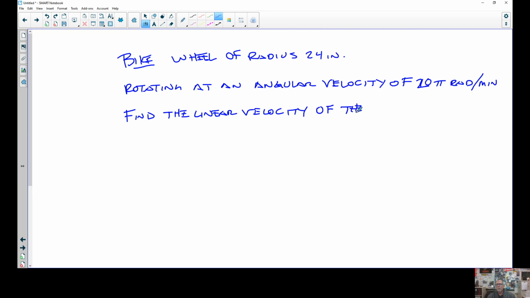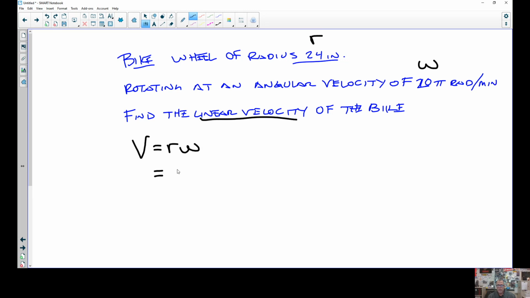So let's do this. What did they give us? Well, they gave us the radius. So we have r, right? This is our r. This is our radius. And this is our omega, right? So they want us to find the linear velocity. So velocity is r omega.